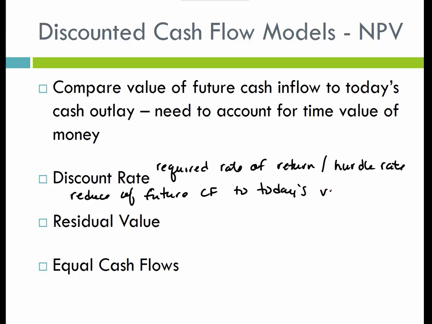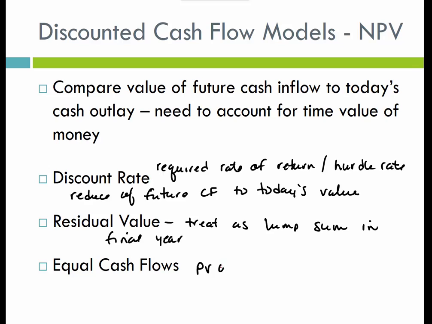If there's a residual value, I can just treat that as a lump sum in the final year of the project. I just treat it like I'm selling off this thing and getting that much cash at the end. If I have equal cash flows, again, just like with the payback, it's pretty easy.